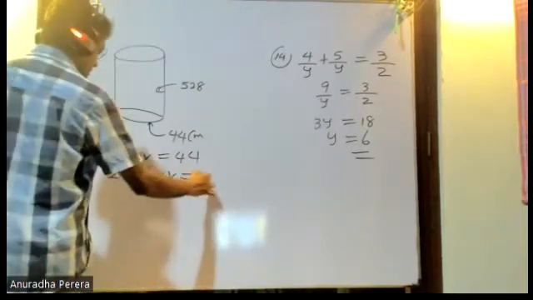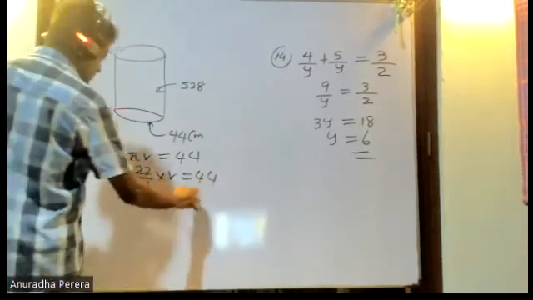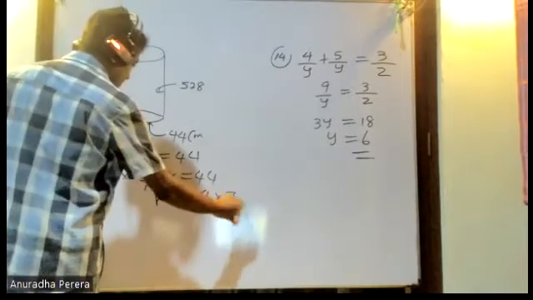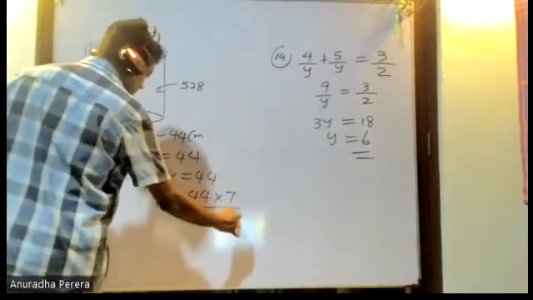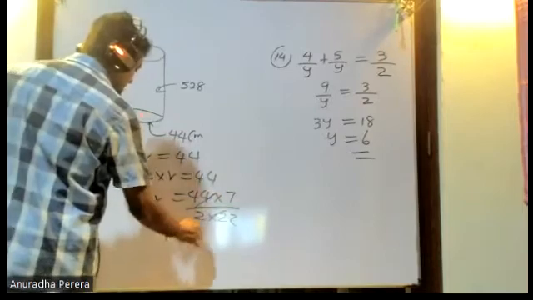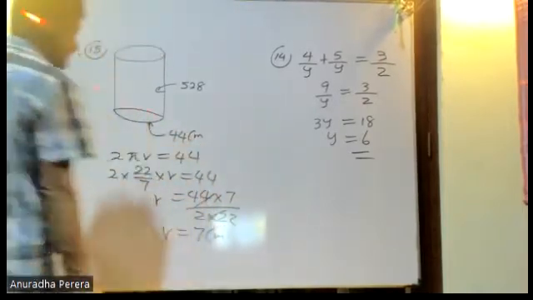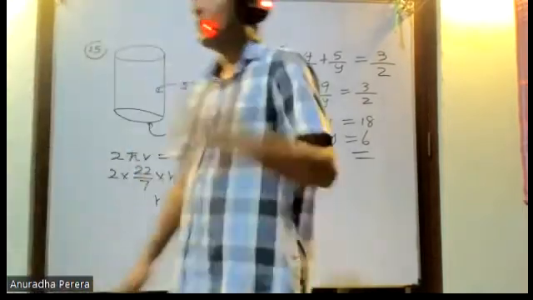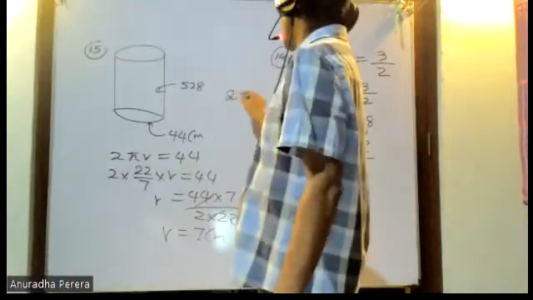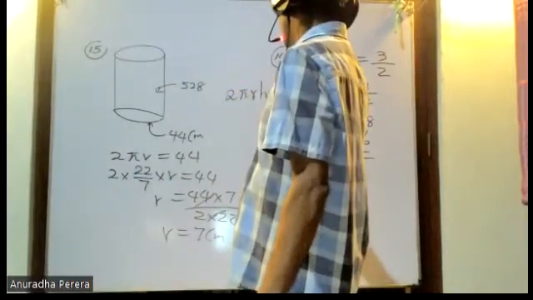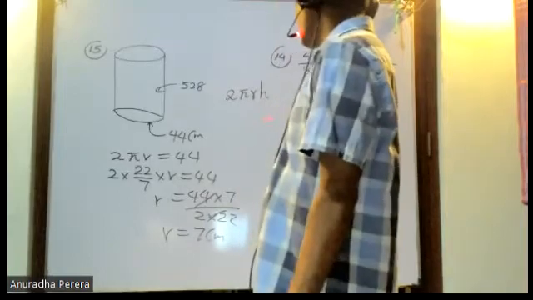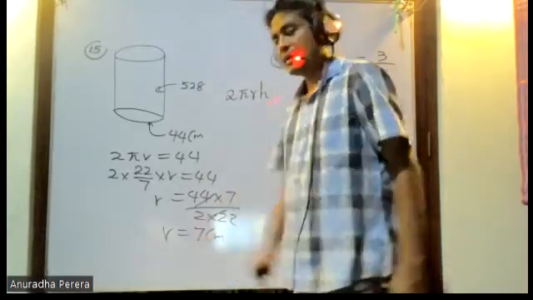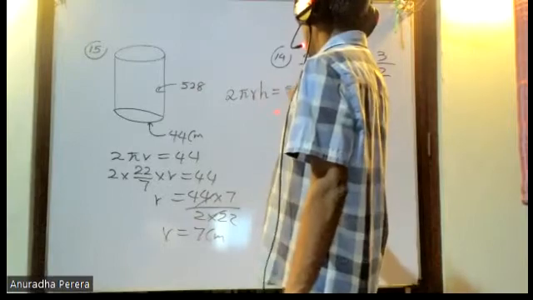Then make r the subject here. r equals 44 into 7 over 2 into 22. Then simplify. Radius is 7 cm. We need the height of the cylinder. Curved surface area is 2 pi r h. Actually, here, we do not need to find this r. Directly, you can substitute this 528.